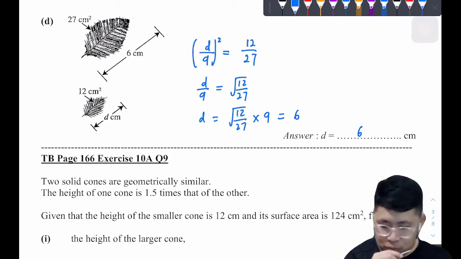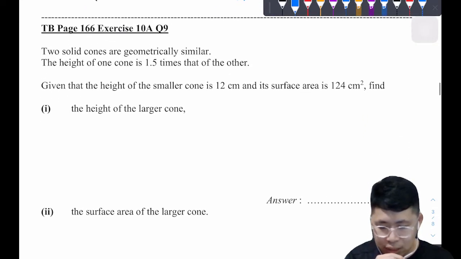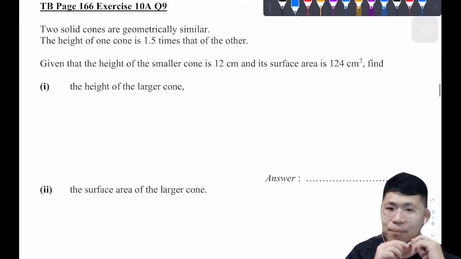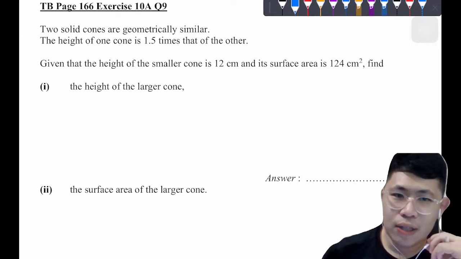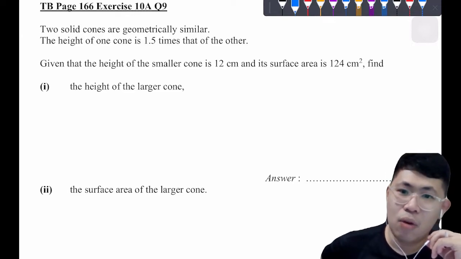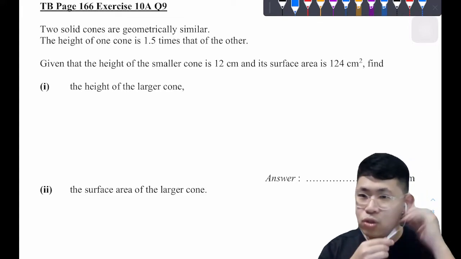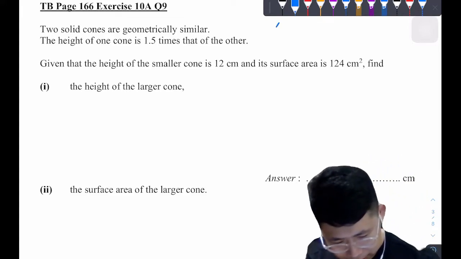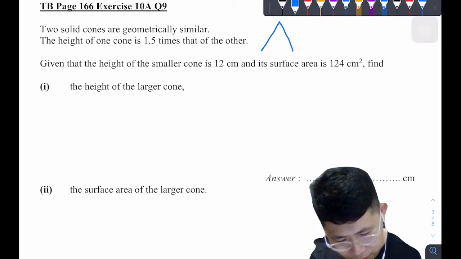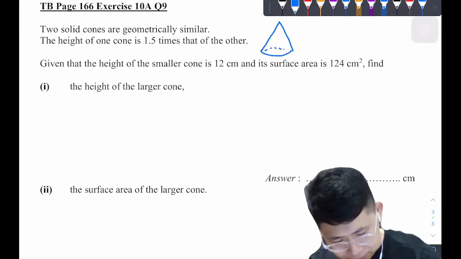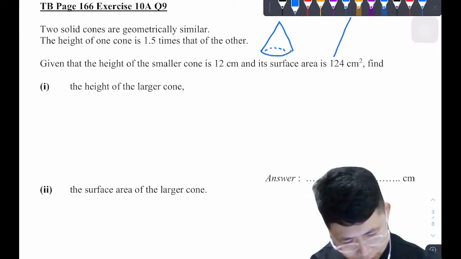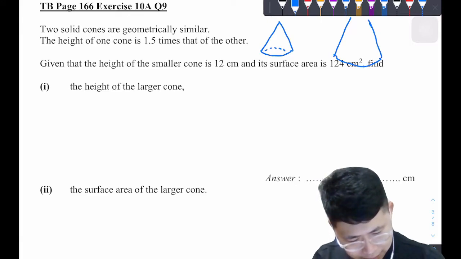I will move on to question 9. Question 9 is a bit vague, but it is the one that we will encounter more frequently. Let's take a look. We have two solid cones, geometrically similar. So now instead of shapes, we are looking at solids. I'm going to draw one bigger than the other, like that.